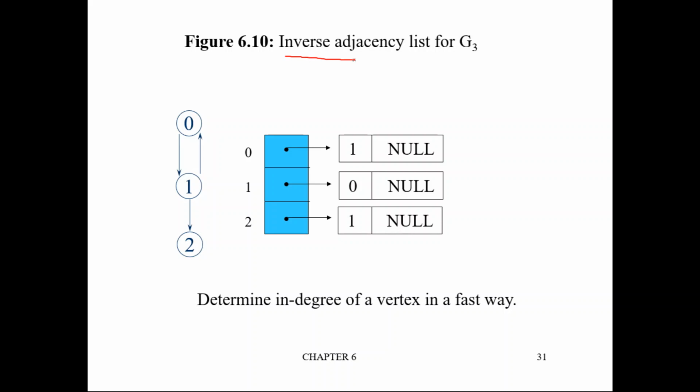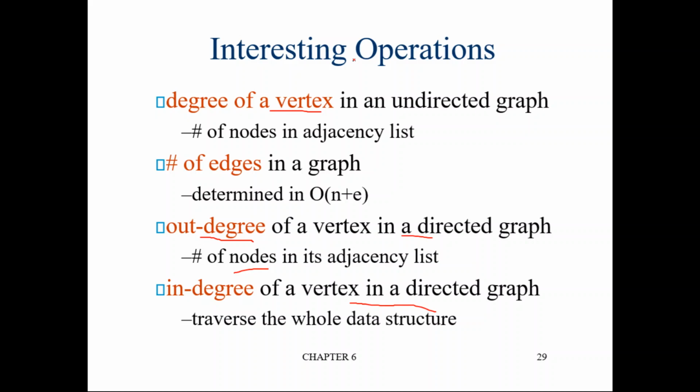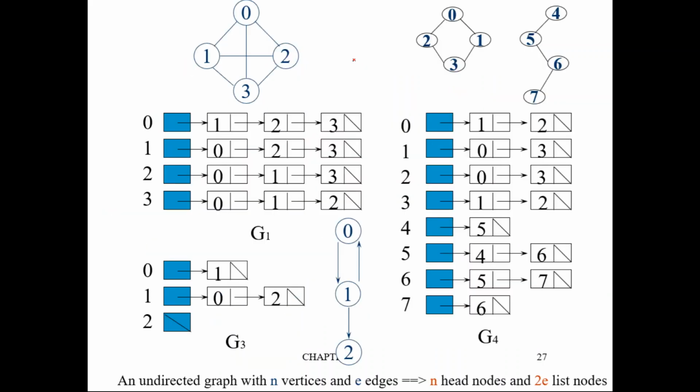If in your program you want to frequently find the in degree of a particular vertex, then instead of representing in the normal adjacency list fashion, we can represent it in inverse adjacency list fashion. So what is that? It's just the reverse of this.